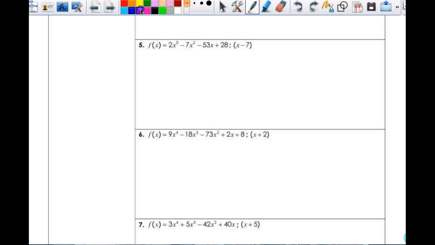So I'm going to do my synthetic division. What number goes on the outside? 7, right? Positive 7. So then this is a 2, minus 7, minus 53, and 28. All right. So go ahead and divide that out without me talking you through it.